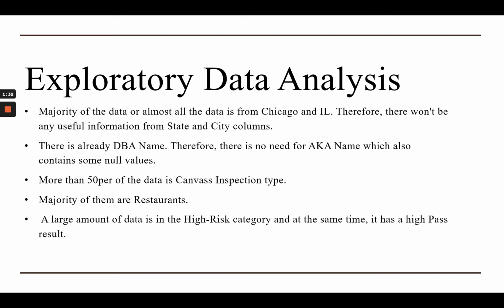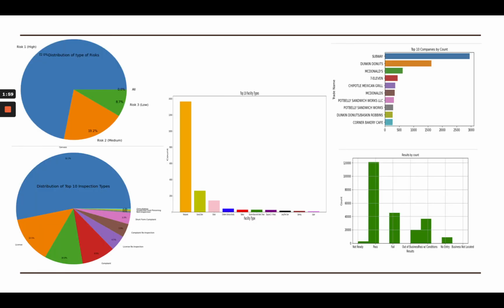Using these insights from the graphs, I found that more than 50% of the data is in the Canvass inspection type, and the majority of them are restaurants. A large amount of the data is in the high risk category, which you can see in detail in the following graphs.